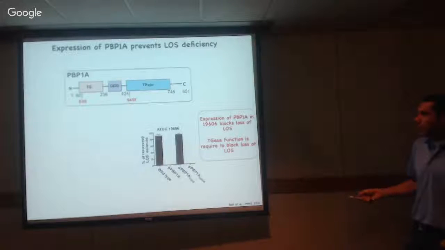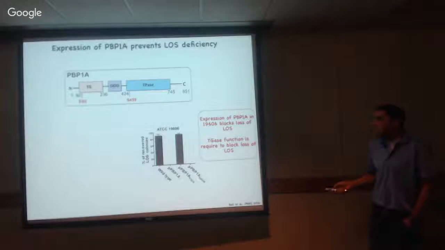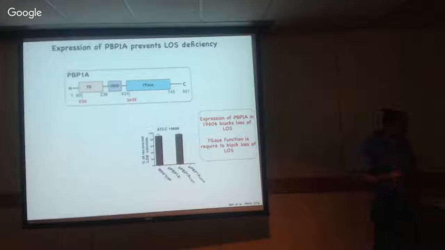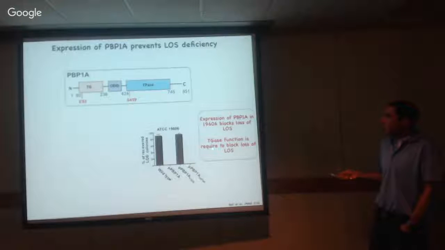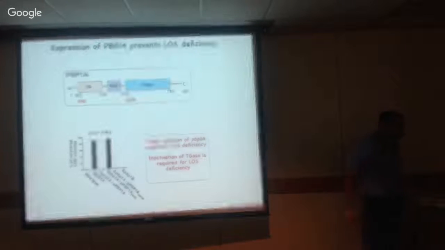When we knock out the transglycosylase activity, we can recover the LOS-deficient colonies. When we knock out only the transpeptidase activity, we can no longer isolate LOS-deficient colonies. So the transglycosylase function is required to block the loss of LOS.